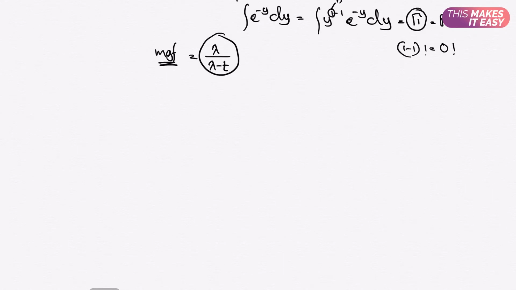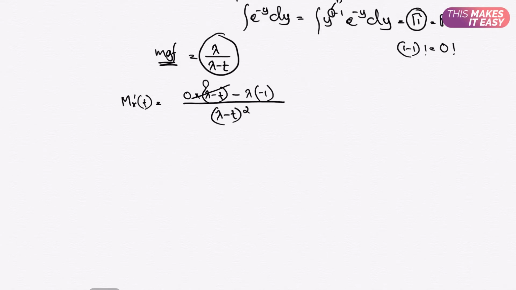Now we will differentiate this MGF and we will try to find the first moment, then the second moment. We will use the quotient rule to differentiate this formula. So the first derivative of the moment generating function of exponential distribution is equal to 0 multiplied by lambda minus t, minus lambda times minus 1, all divided by lambda minus t square.